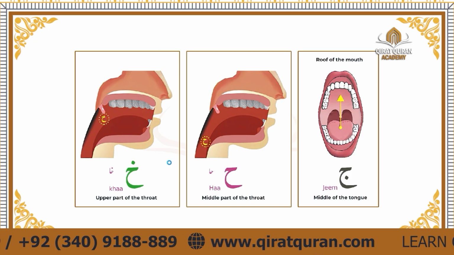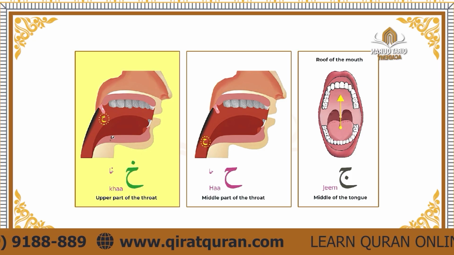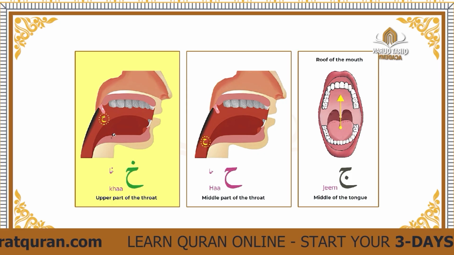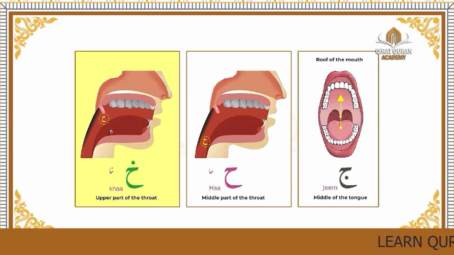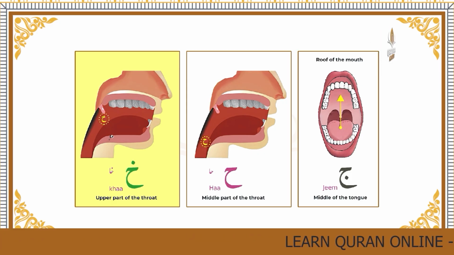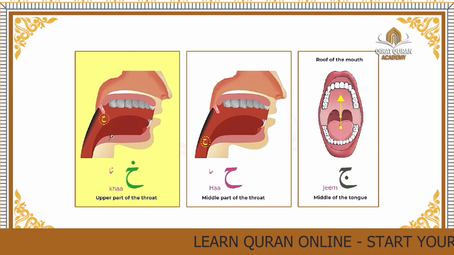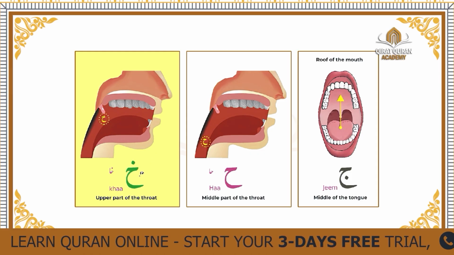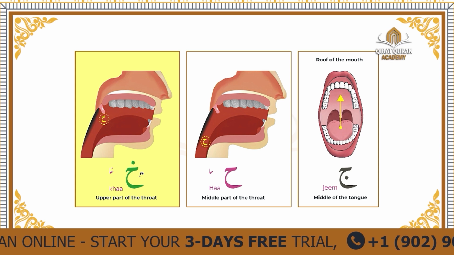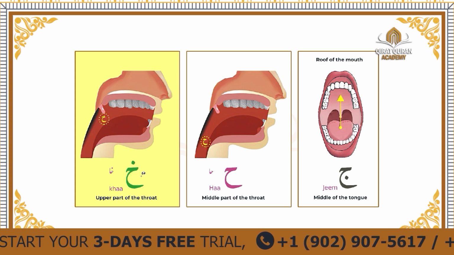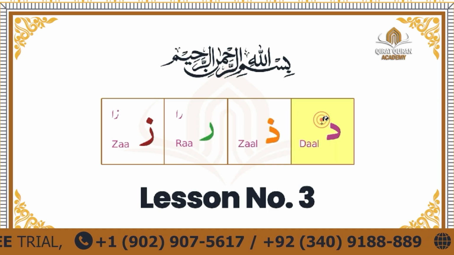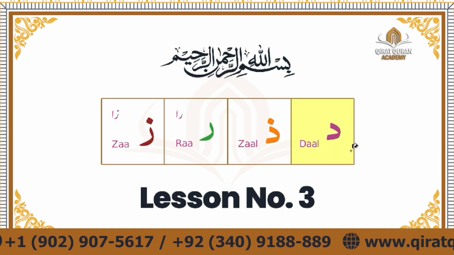And for kha we have to use the upper part of the throat to pronounce kha correctly. Kha. Also remember that we have to read the kha bold, because this is one of the bold letters.